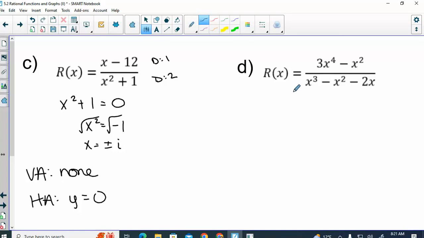Alright, D. If I want to find the vertical asymptotes, we have to find out what makes the bottom 0. We need two factors. So I'm going to take out an x first. Okay, then we can do the easy method.